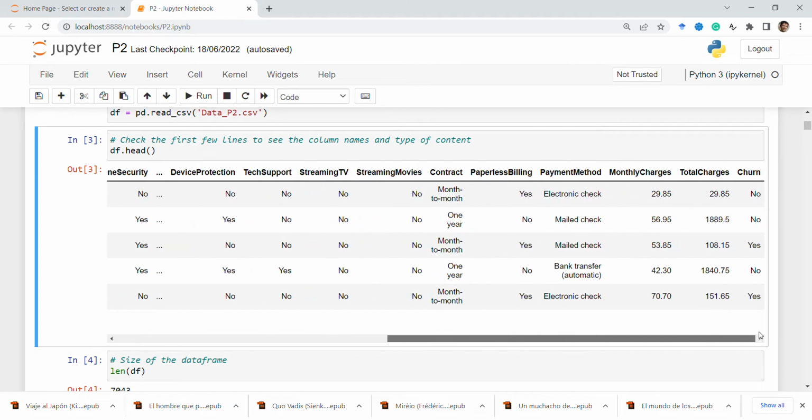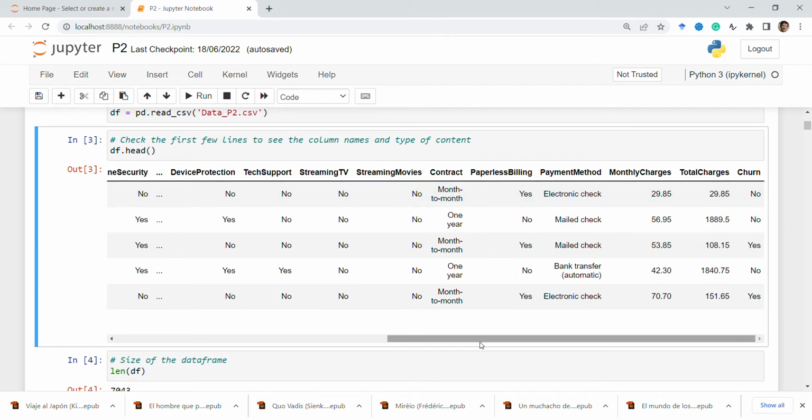And then at the end we have the amount of the monthly charges, the total charges this person has paid to the company, and what we want to predict is whether this person will leave the company or not. That has been called churn.